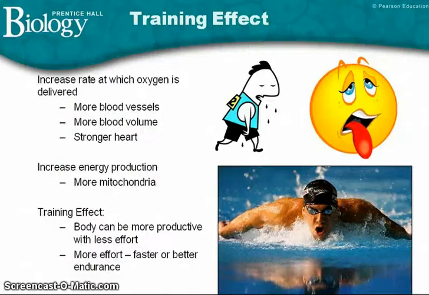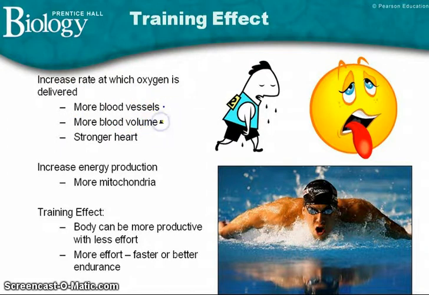In terms of the training effect, to try to tie some of this energy use into what you might learn in life fitness, your body responds to demands for oxygen to do exercise in the following ways. First, it tries to figure out a way to get more oxygen to your cells. It does that by growing more capillaries or blood vessels.